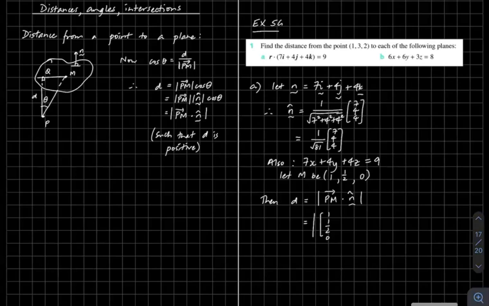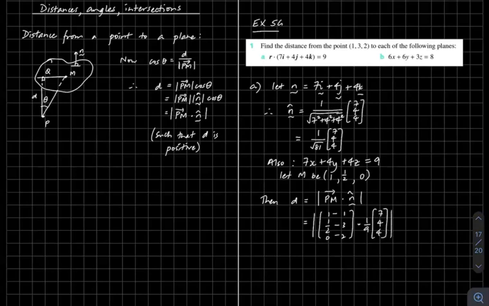Didn't quite make my vector big enough here, did I? So there's M minus P. So P is the point with coordinates 1 and 3 and 2. That's the one given to us in the question. So that's PM is M minus P. And we're going to take the dot product of that with the unit vector n.